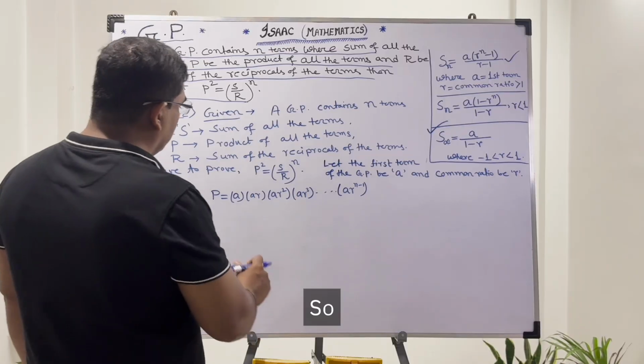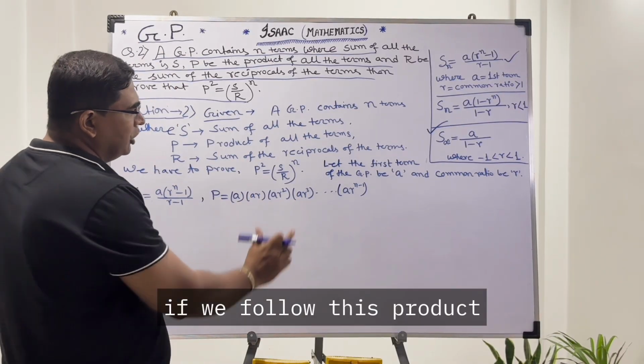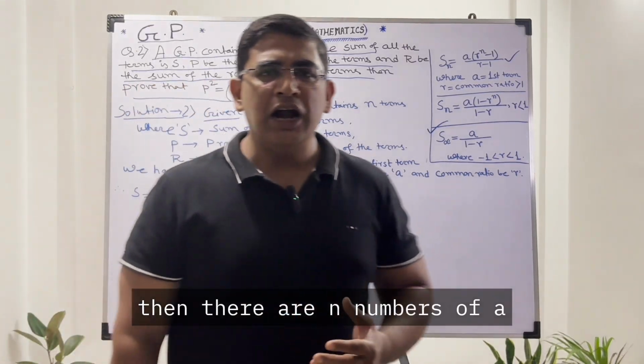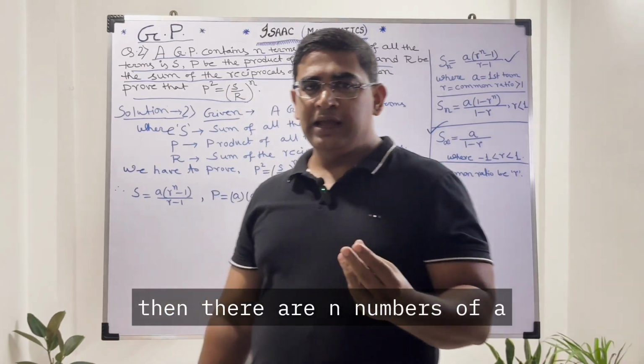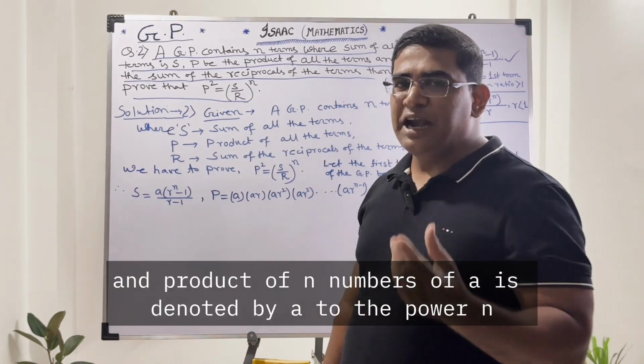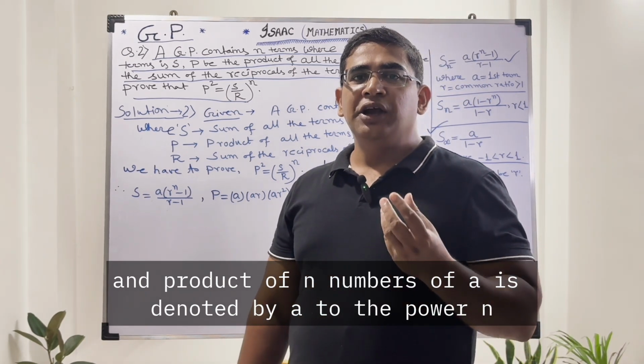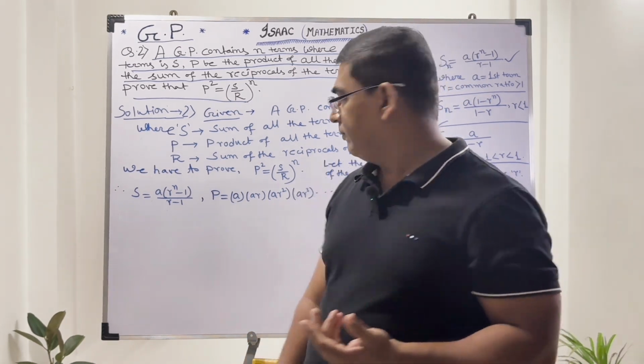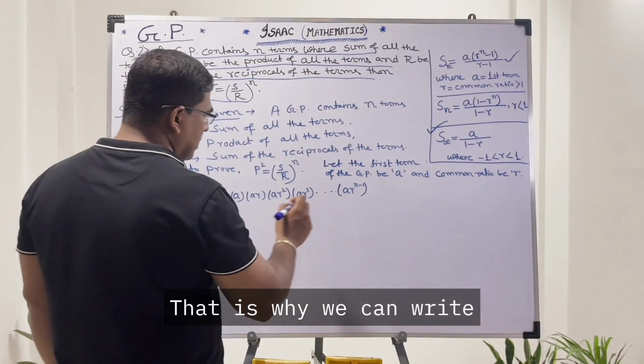If we follow this product, then there are n numbers of a in the product, and the product of n numbers of a is denoted by a to the power n.